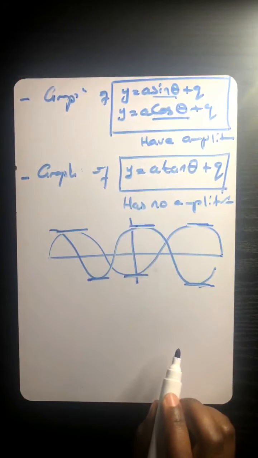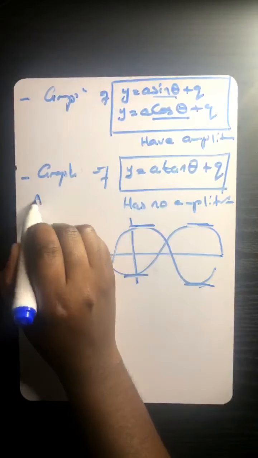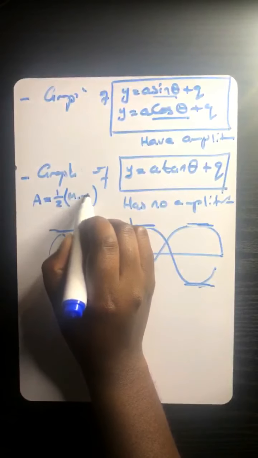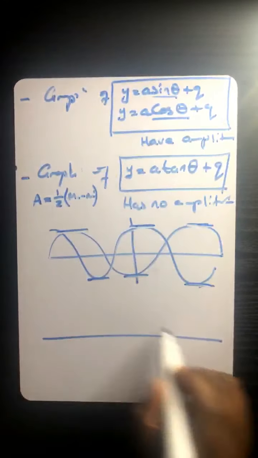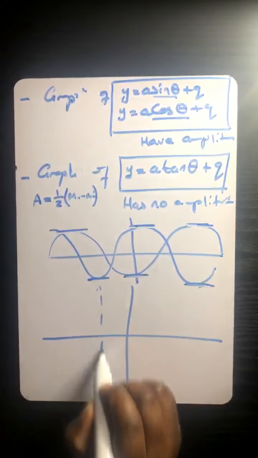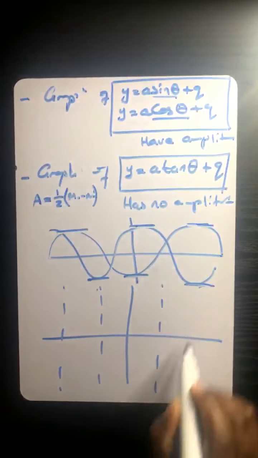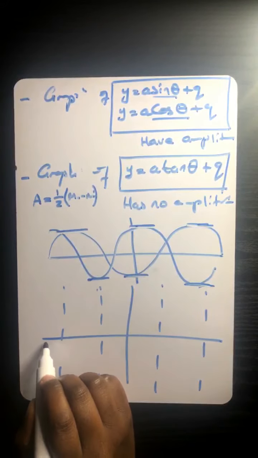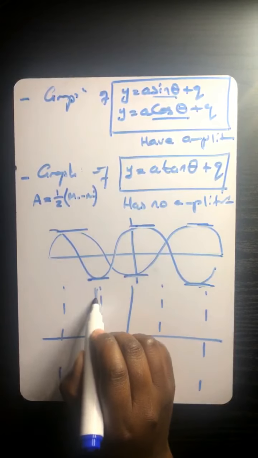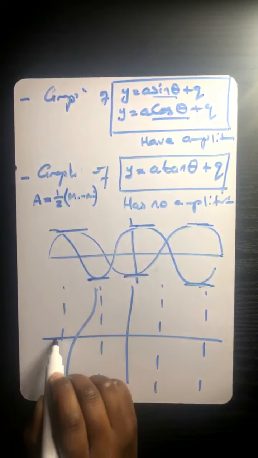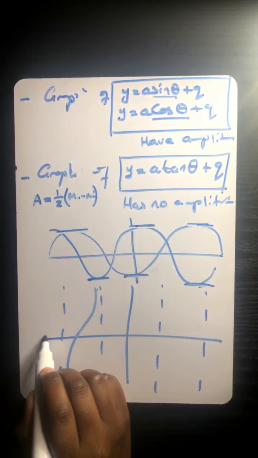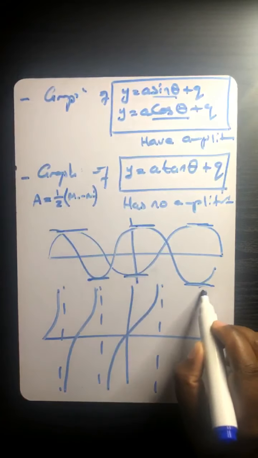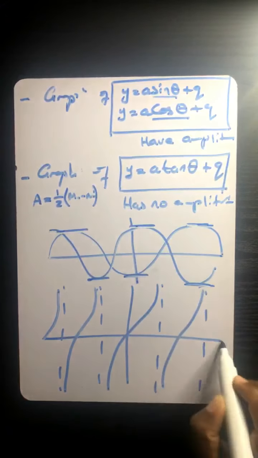Remember, we get it using this formula, which says half of the distance between the max and the min. But now you remember the function for tan, you just have broken lines there, and you might have something similar to that over there. It doesn't really matter that much, but I'll just show you what I want you to be aware of.